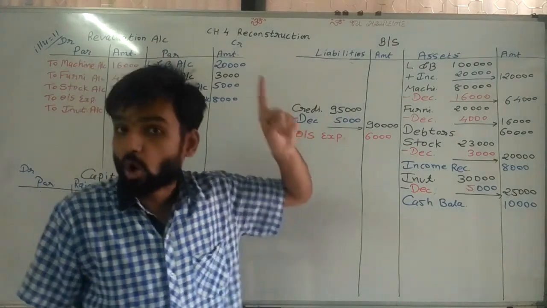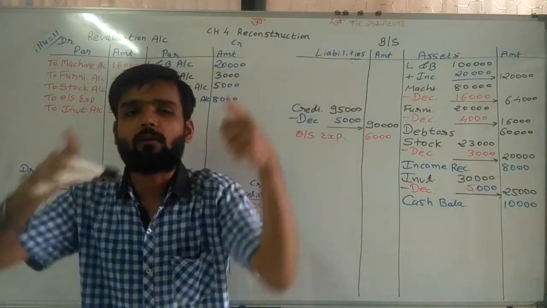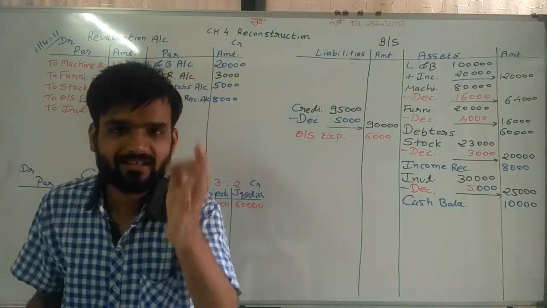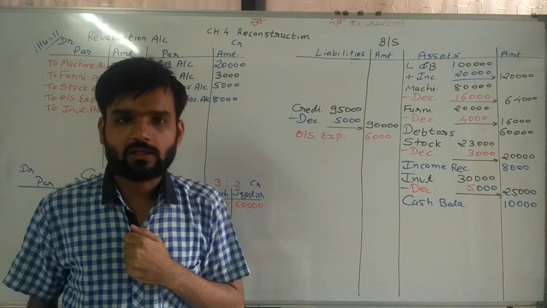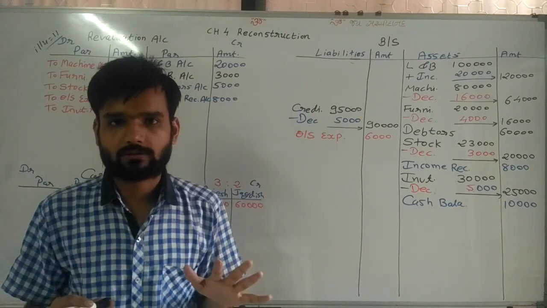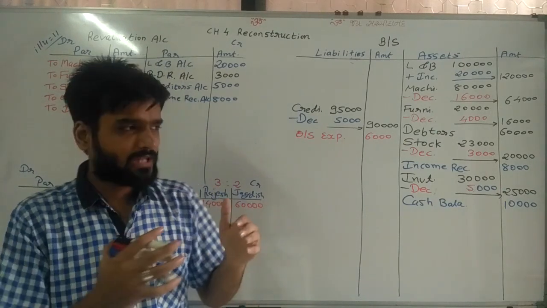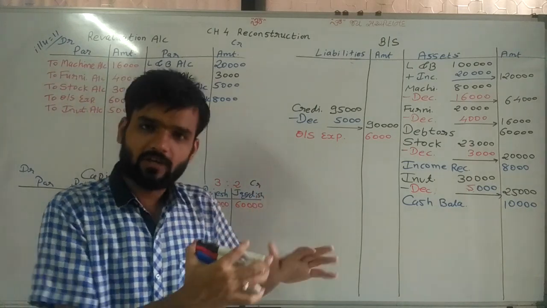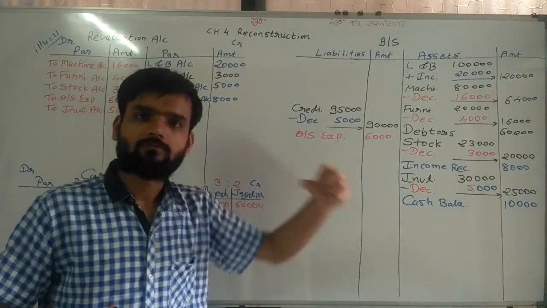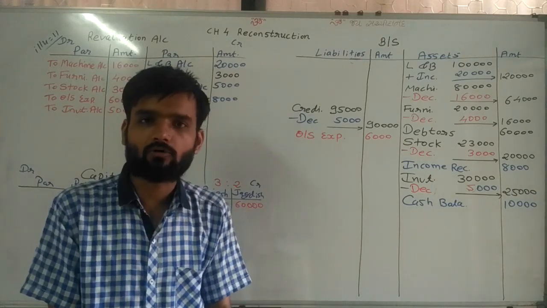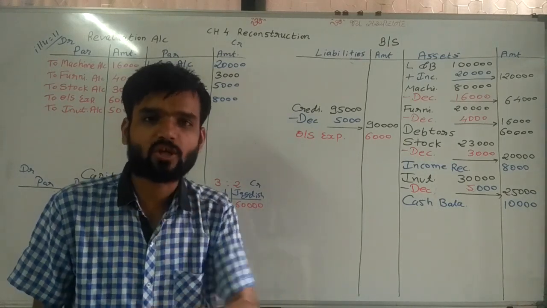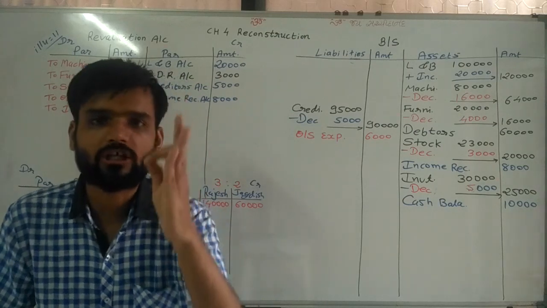But if it is not used, then distribute among the partners. That is our rule. Now general reserve is for general purpose. If a problem arises, then we can use funds from general reserve. But here no information is given about it. So this general reserve we are distributing among the partners.